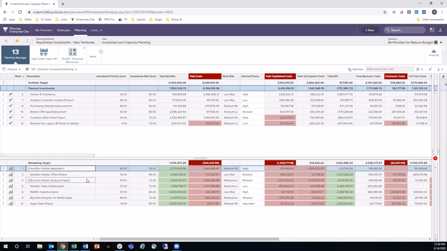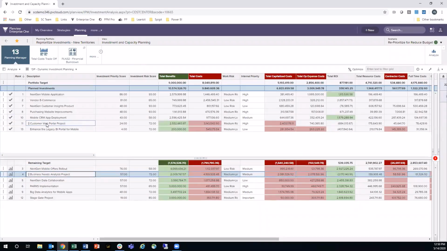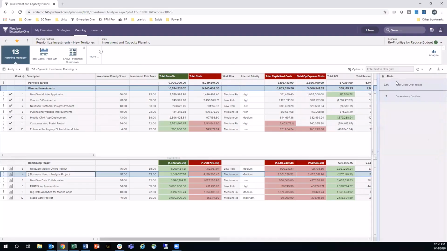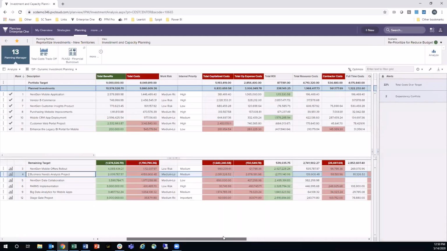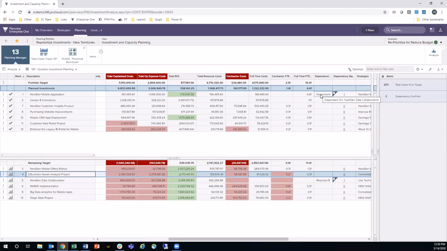This is where we give you the ability to understand the interaction of your time, of your people, of your money, that when I'm going to work on this next-gen mobile application project, I can see that we're over our contractor costs, we're over our CapEx, our OpEx, but we're hitting some benefit revenues. And as we do that, the system is alerting us to tell us where we're over our cost overrun, where we might have dependency conflicts, because this is dependent on our next-gen data collaboration.